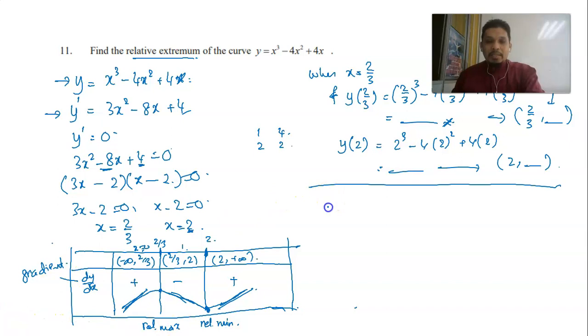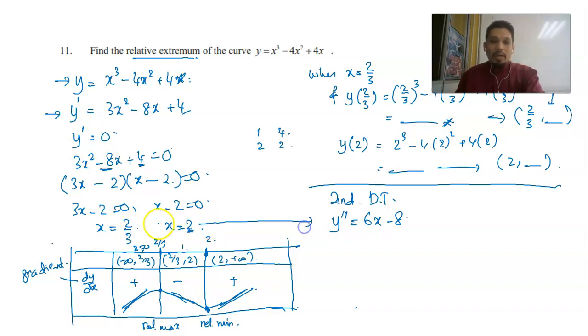Now I use the second derivative test, meaning I need to differentiate this a second time. y double prime equal to 6x minus 8. Then I use the values of x from the first derivative test, x equal to 2 over 3 and x equal to 2, and substitute into y double prime.